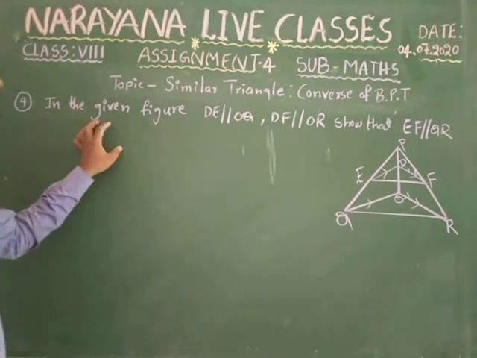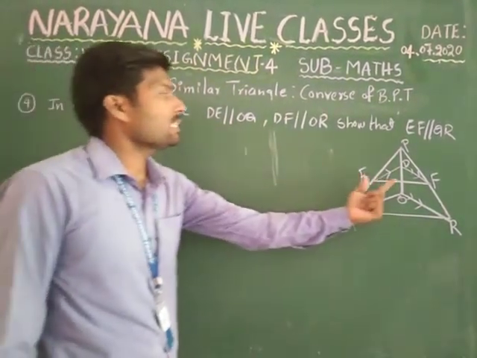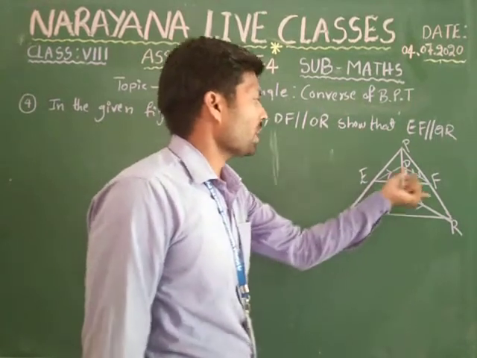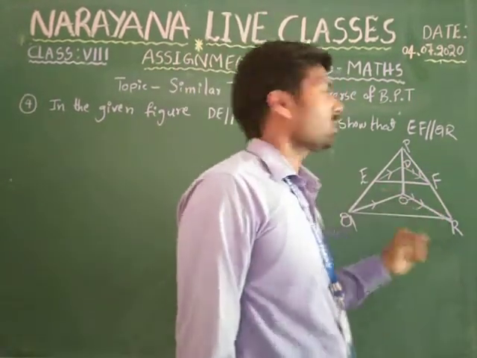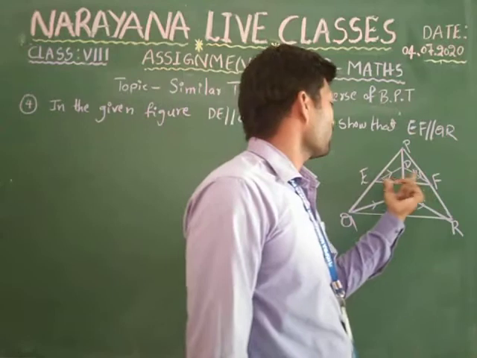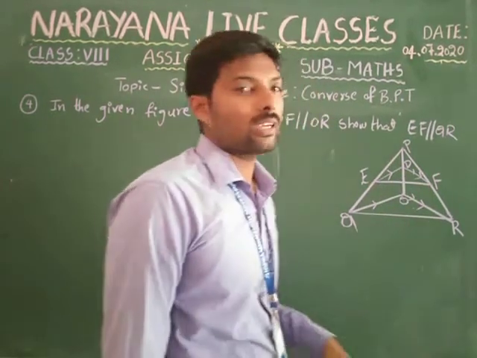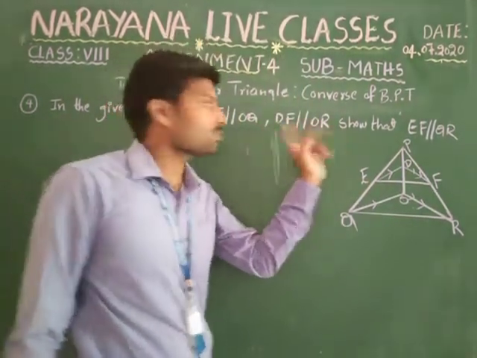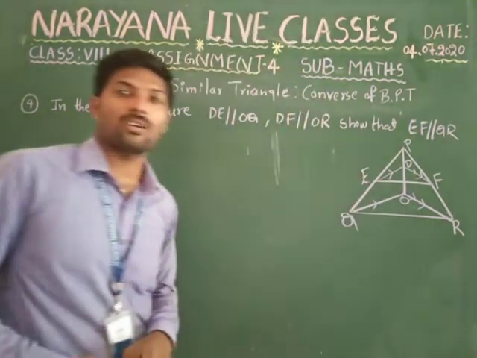In this question, in the given figure, DE is parallel to OQ as well as DF is parallel to OR. So EF is parallel to QR. We have to take these two statements and show that EF is parallel to QR.